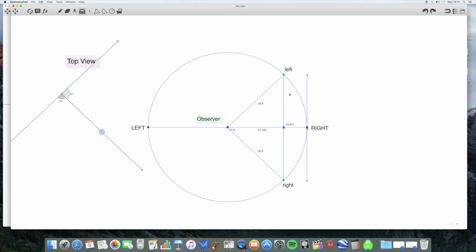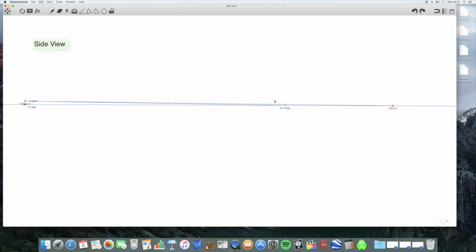So even with a 90-degree angle of view, you're not going to see this curve because you're looking at it at too shallow an angle. These two lines will be almost right next to each other in your field of view if you're here. So therefore, I don't think you would see it.